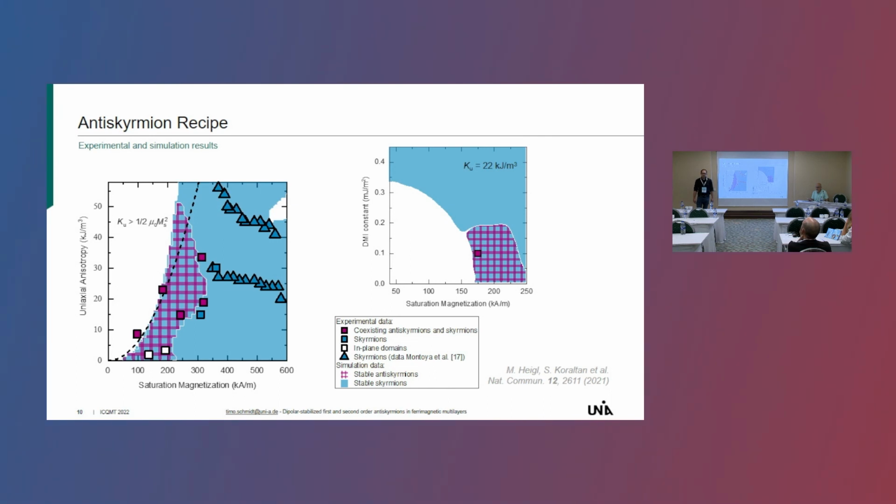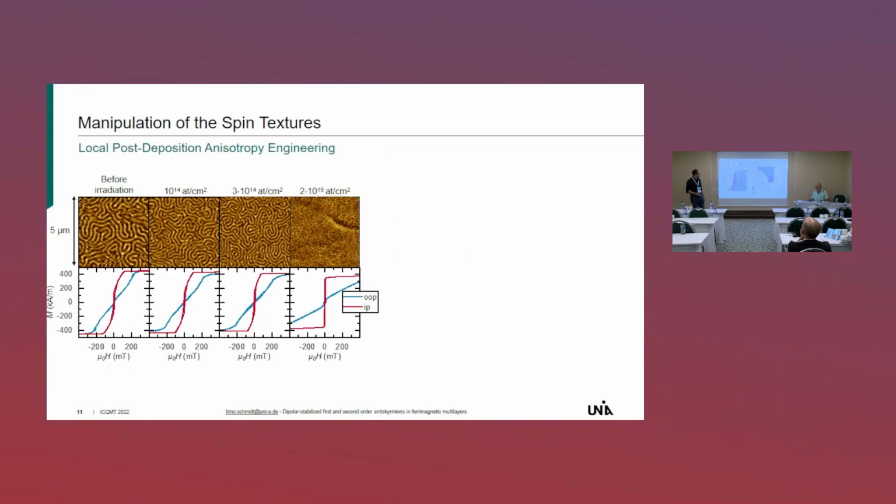I wonder whether you see any depth-dependent variation in your films. Well, we have only measured Lorentz STEM, and you are not height sensitive with Lorentz STEM. So I don't know, actually. Okay, thank you.